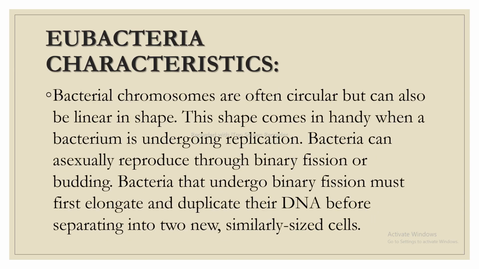Bacterial chromosomes are often circular but can also be linear in shape. This shape comes in handy when a bacterium is undergoing replication. Bacteria can reproduce asexually through binary fission or budding. Bacteria that undergo binary fission must first elongate and duplicate their DNA before separating into two new, similarly sized cells.